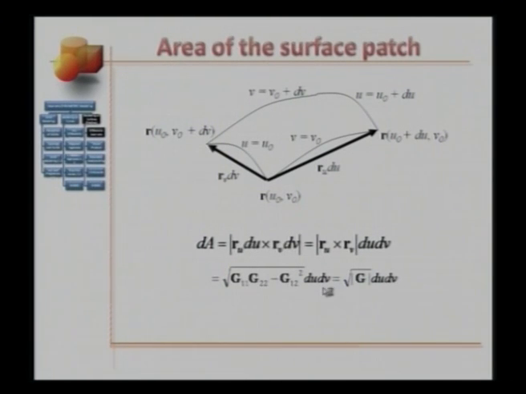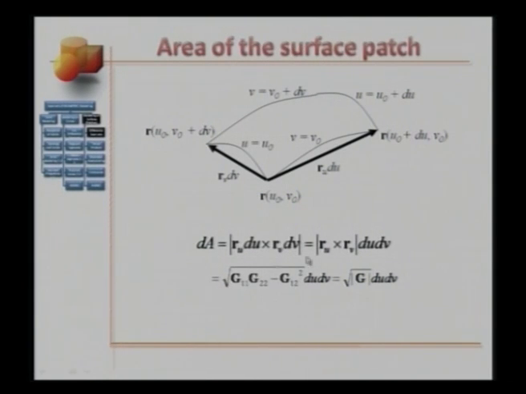If you would have realized from our previous discussion, the absolute value of the cross product between r sub u and r sub v is the determinant of the first fundamental matrix G, and of course, with the square root sign.